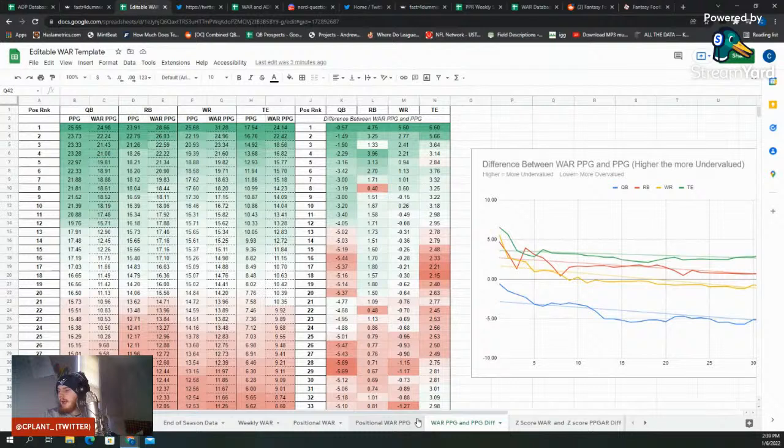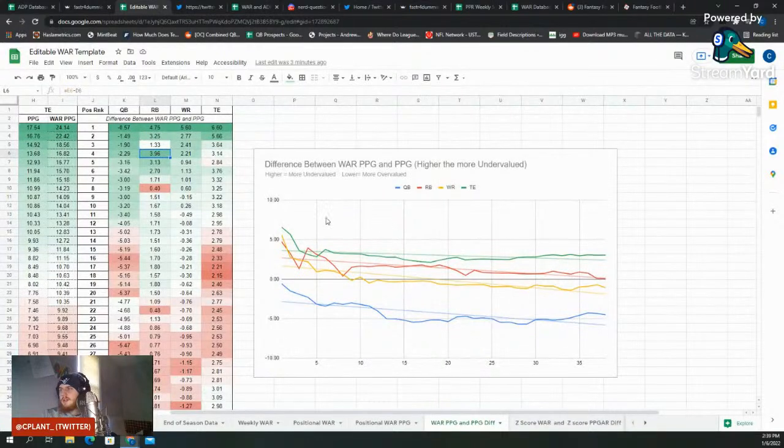And here I actually went and showed the difference between the points per game and WAR points per game. So this is WAR points per game minus points per game, just to show you who's overvalued by points per game and who's undervalued.